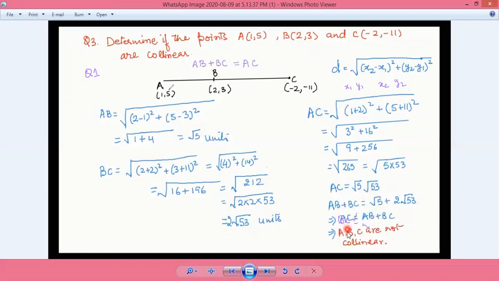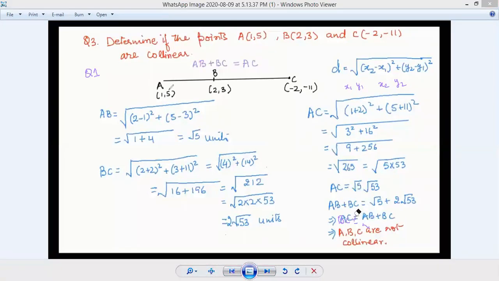Whereas AC is square root 5 into square root 53. So you have seen that the two are not coming equal, children. Therefore, we can say AC is not equal to AB plus BC, or we can say that A, B, C are not collinear.